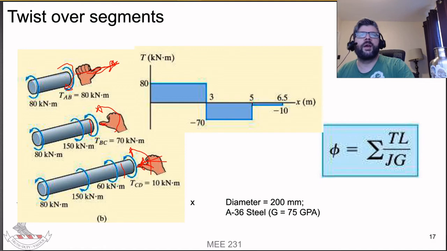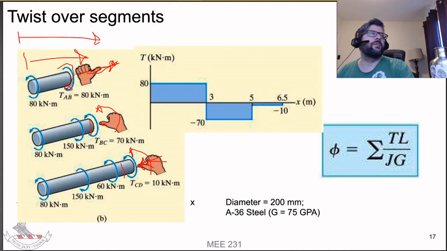Another way to look at it is if we're starting from the origin, the x origin, and moving to the right, then as we come across these torque loads that we're applying, we can see how our torque graph changes.